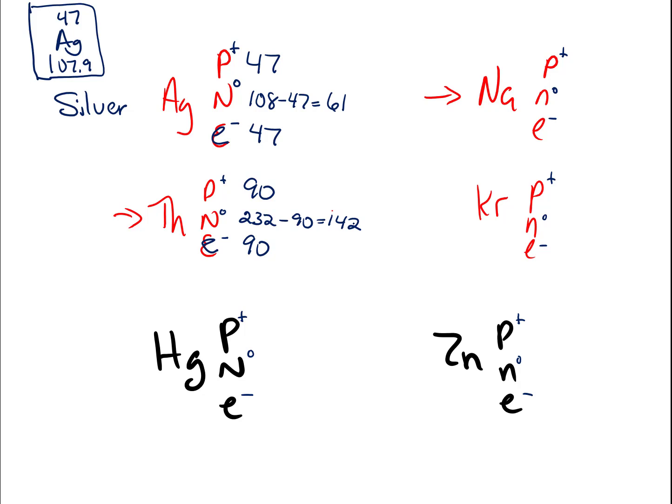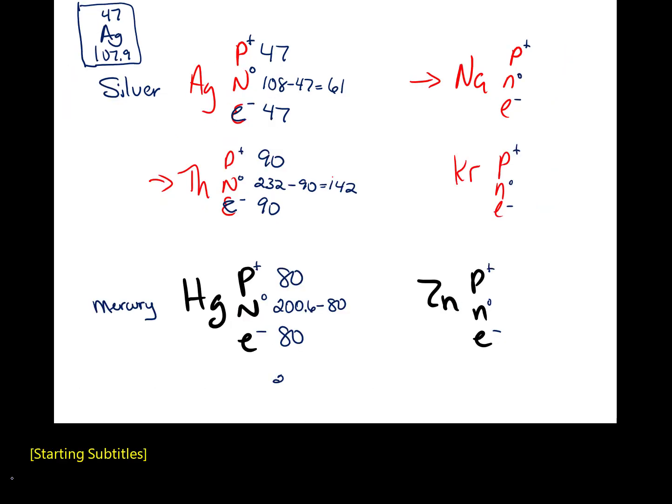Hg, though, I might ask you what the name of this is, because this is one of the ones that you needed to know, right? So that's mercury. Then you have to find Hg on your periodic table. How many protons? 80, which also means that I have 80 electrons. Protons and electrons are the same. Then I look at 200.6 minus 80. 200.6 rounds to what? 201.